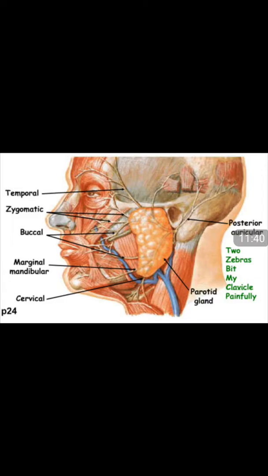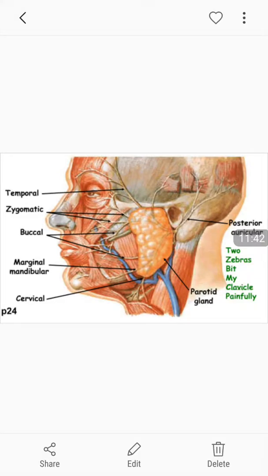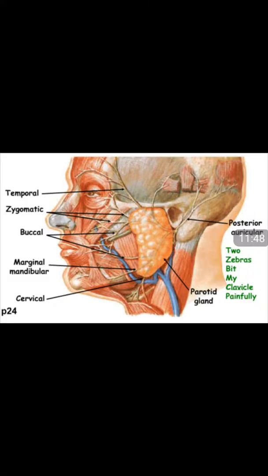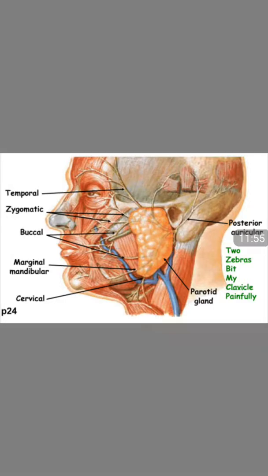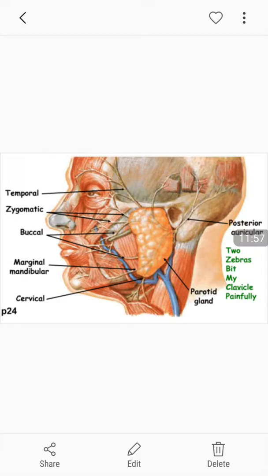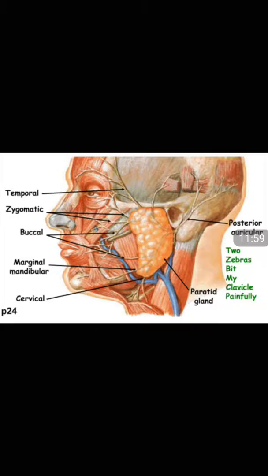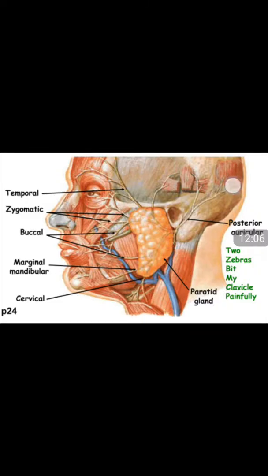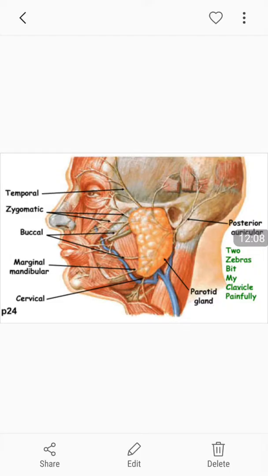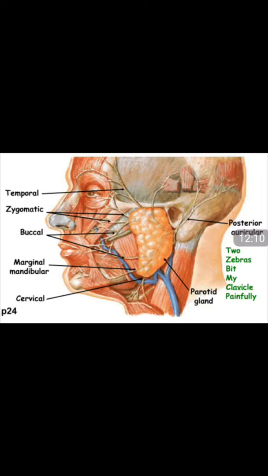So as we know, the occipital and frontal belly of the occipitofrontalis muscle are part of the facial muscles, so they are also supplied by nerves which are branches of the facial nerve. So the frontal belly is supplied by the temporal branch, whereas the occipital belly is supplied by the posterior auricular.